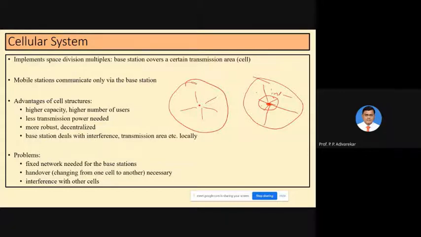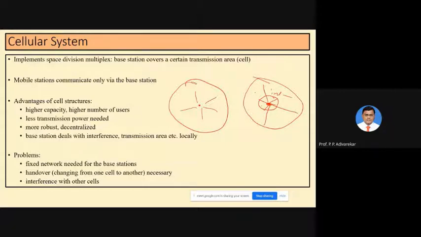So the mobile communication system implements space division multiplexing, in which the entire region is divided into different smaller regions, and each region is associated with one base station, which will have an antenna to provide the coverage.